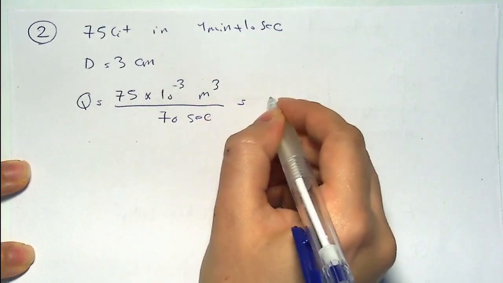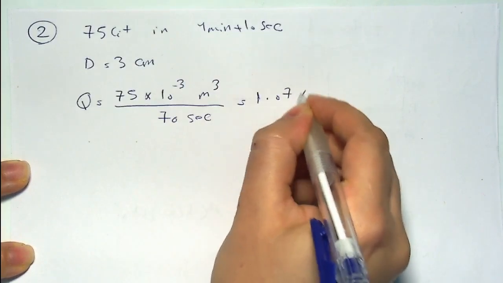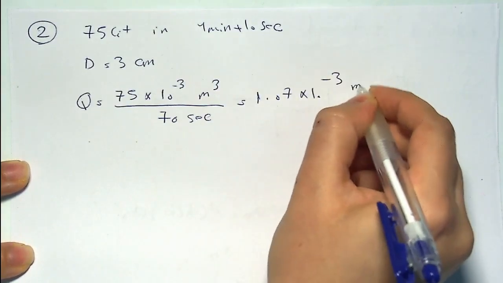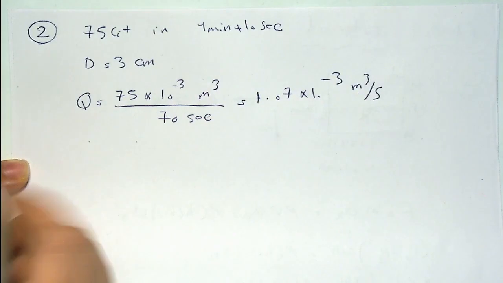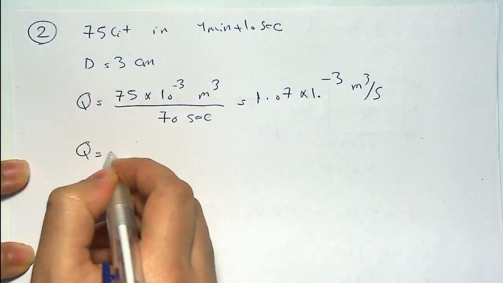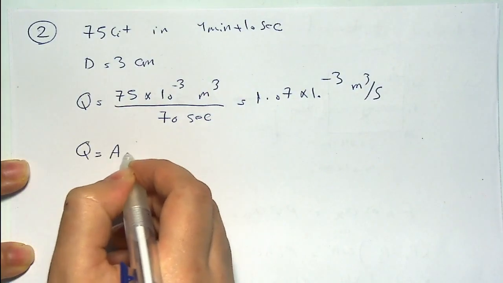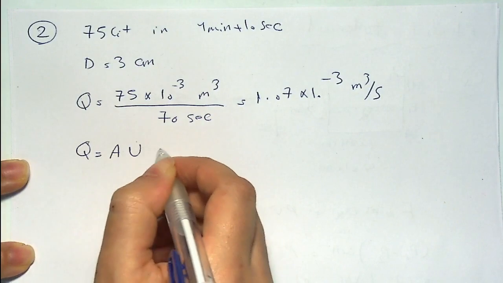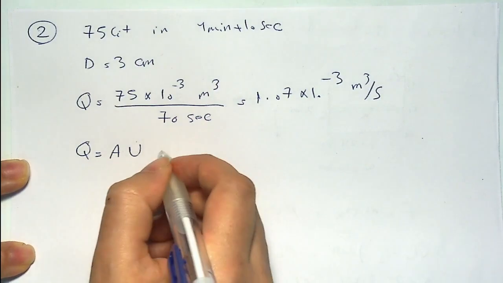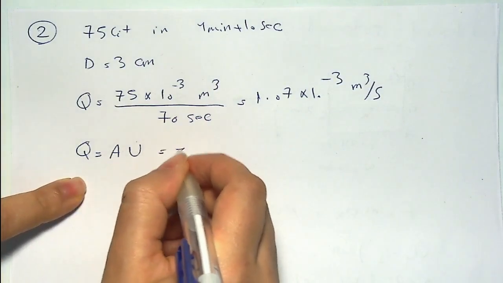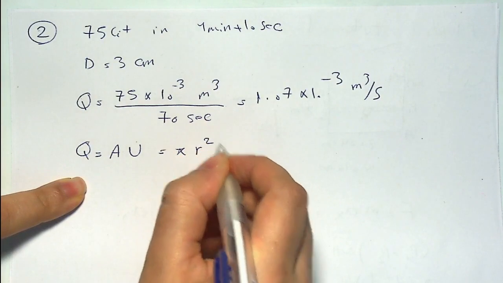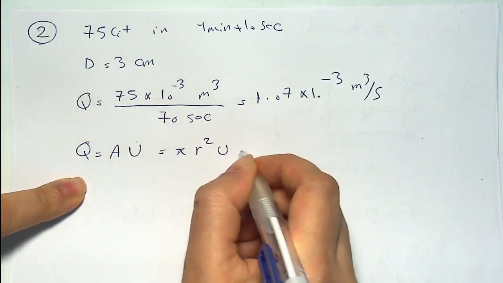So the Q is equal to 1.07 cubic meter per second. And on the other hand, we know that the Q is calculated by multiplying the area by the velocity, and the velocity is what we want. So the area is pi R squared, and the velocity comes here.